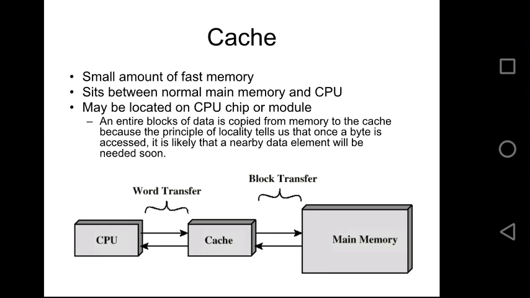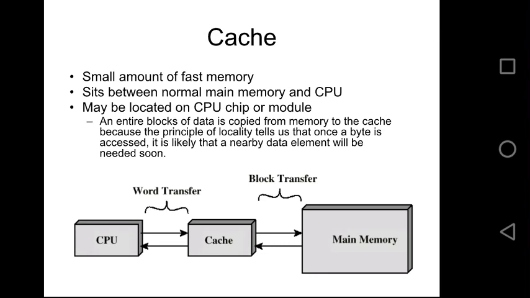So entire blocks of data are copied from main memory to cache, because the principle of locality tells us that once a byte is accessed, it is likely that the nearby data elements will be needed soon.